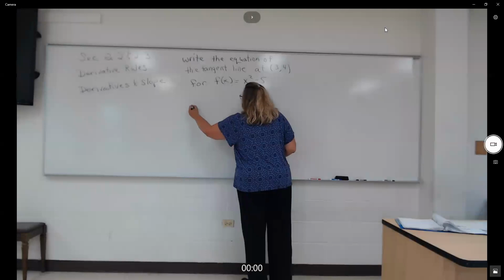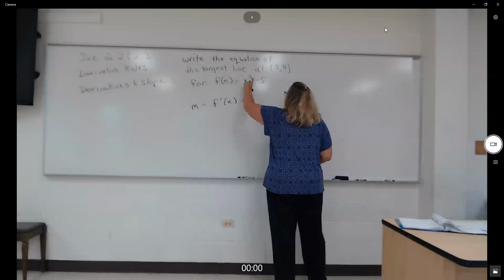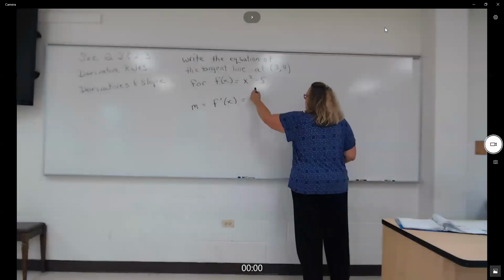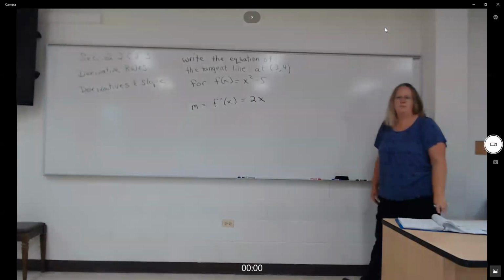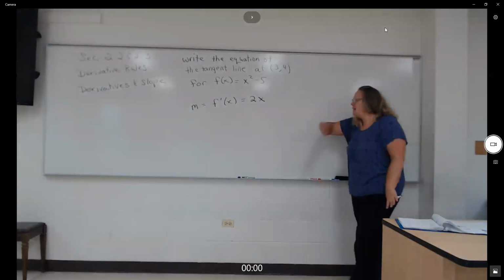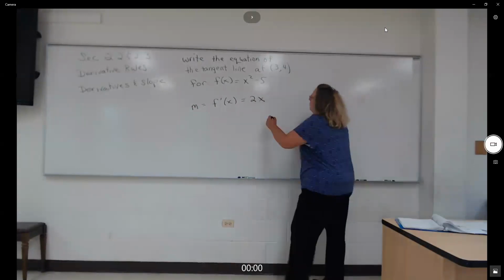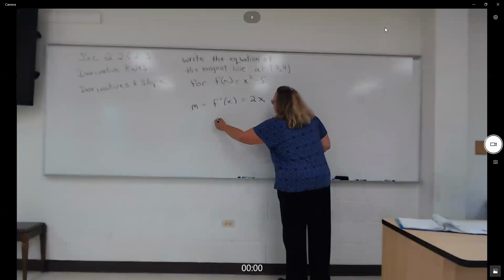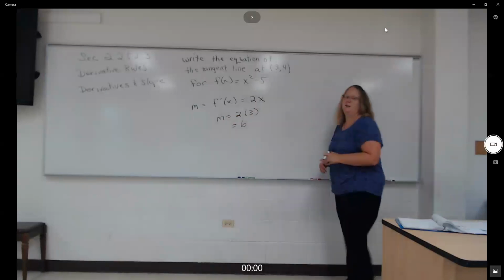We don't have to do all those limits because now we know the shortcut for slope. So the shortcut for slope is what? Roll it down, subtract 1, and the constant goes away. If we did all that limit stuff the first day, this is what we would have got. Now we can plug in 3. So our slope is 2 times 3, so our slope is 6.